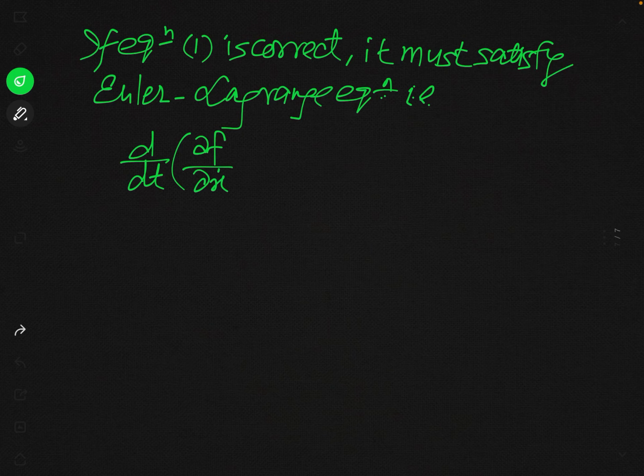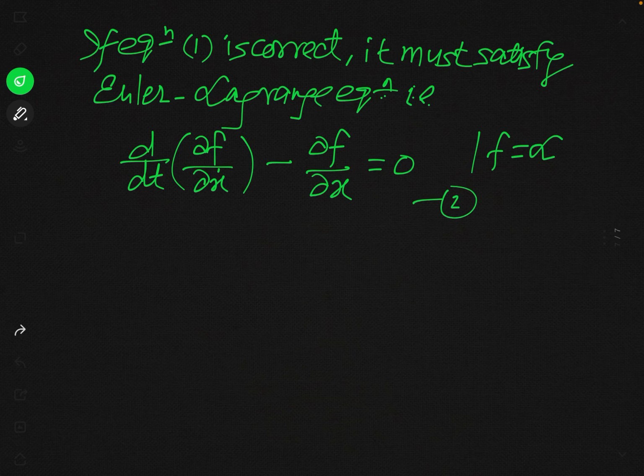So this will be d dt del f by del x dot minus del f by del x, and this equals 0. Or, as you have seen, this f is simply the Lagrangian L, so you can also write L in place of f. Let us say this is equation number 2.